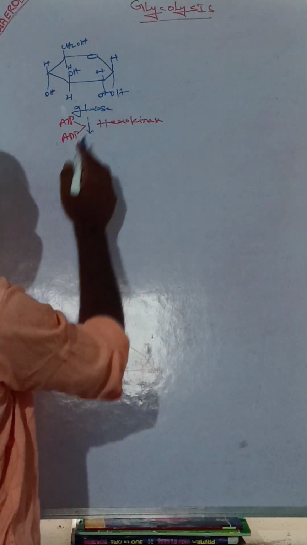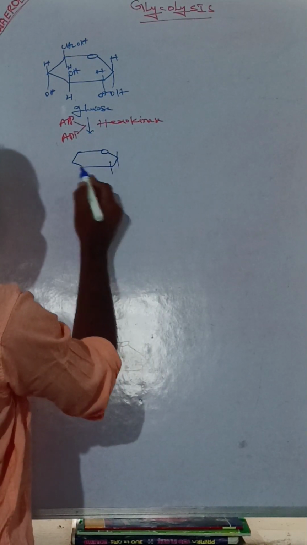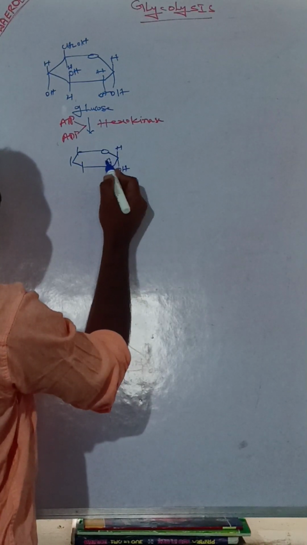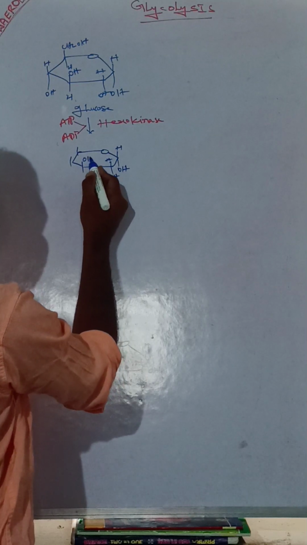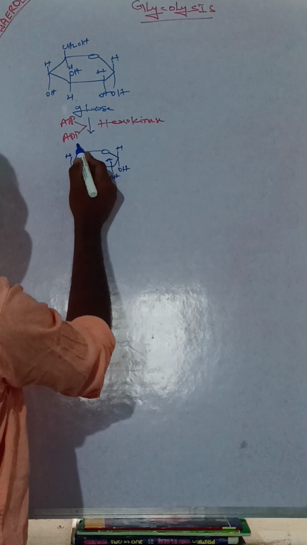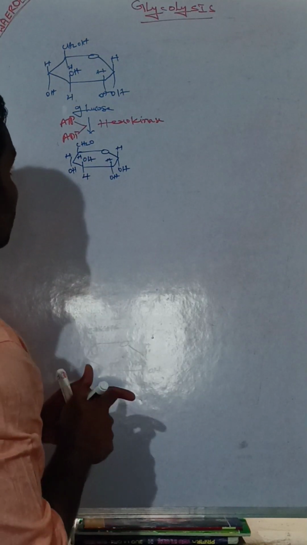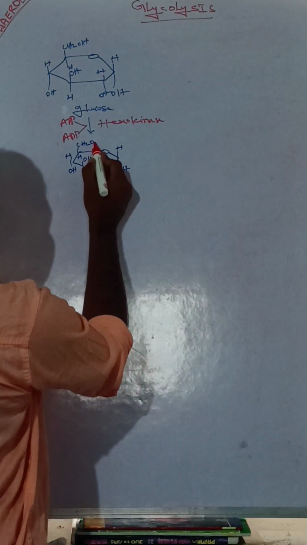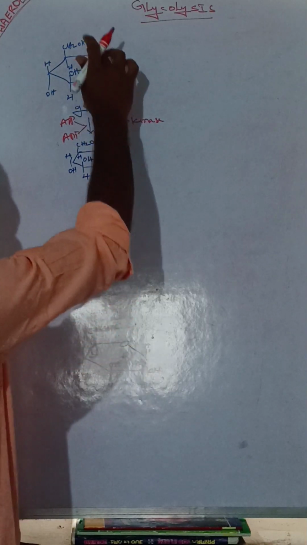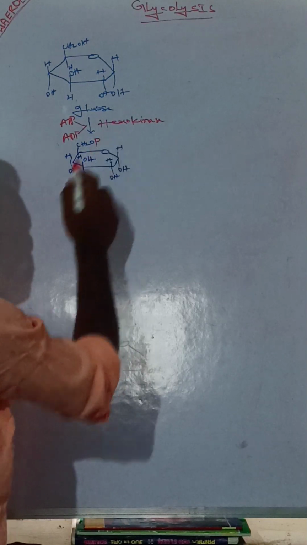In the presence of hexokinase, glucose turns to glucose 6-phosphate. Here the phosphate group is transferred in the presence of hexokinase.